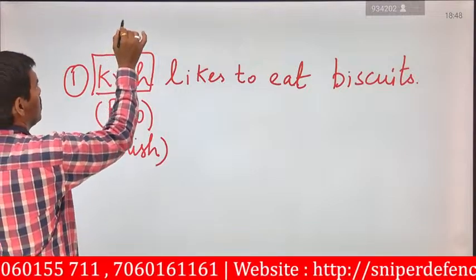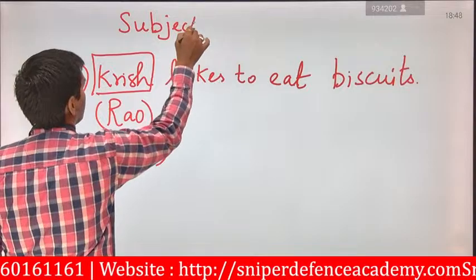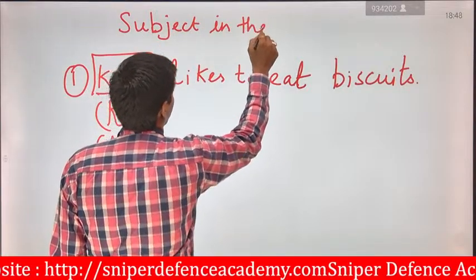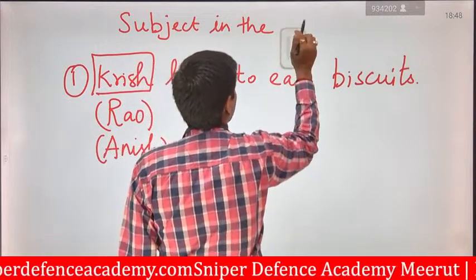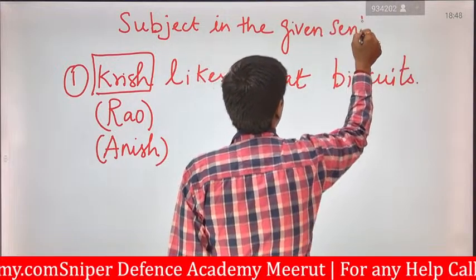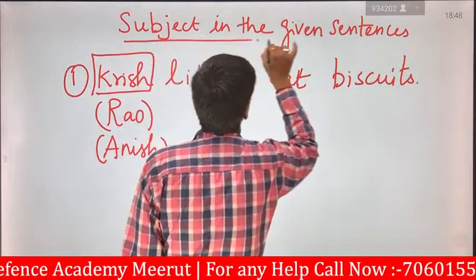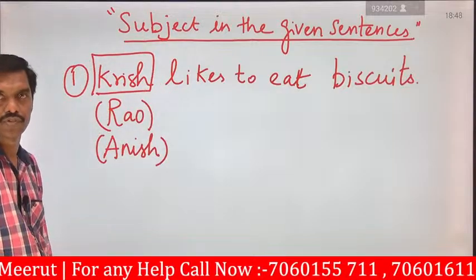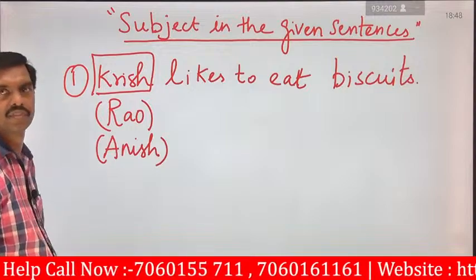Now we are going to identify the subject in the given sentences. In the previous class we saw this, and we are going to continue to gain still more knowledge. What is given for you?